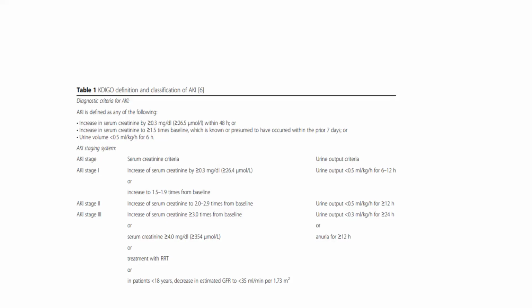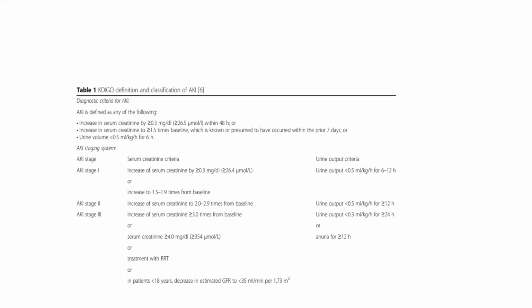The urine output criterion for the same is urine output less than 0.5 ml per kg per hour for 6 to 12 hours. AKI stage 2 is defined as an increase in serum creatinine to 2 to 2.9 times from baseline, and urine output less than 0.5 ml per kg per hour for more than or equal to 12 hours.